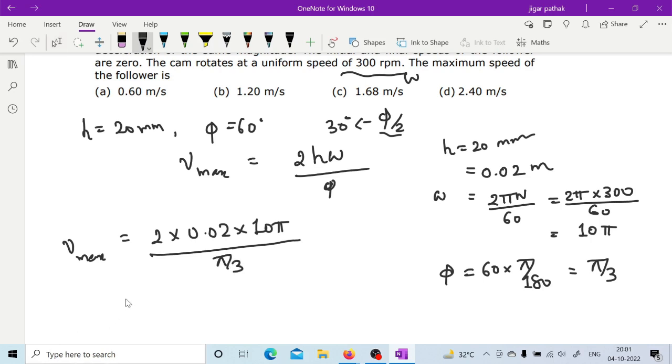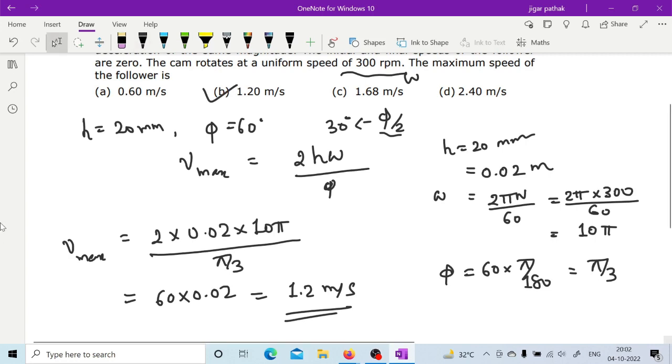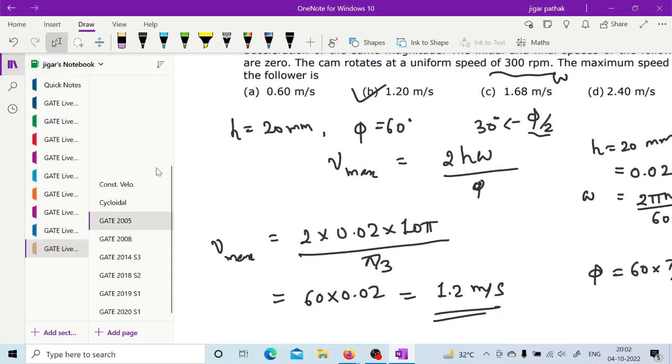Now if you simplify this, the pi will cancel out, 60 into 0.02, 6 into 0.2, that is 1.2 meter per second. Correct? Yes, sir. So this is how you will have this in this particular question.